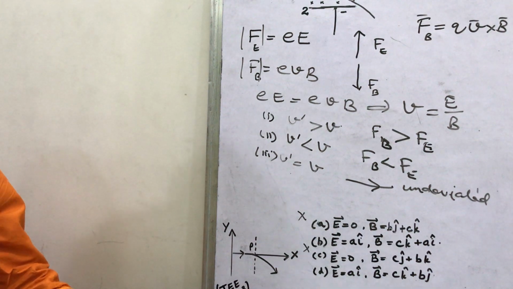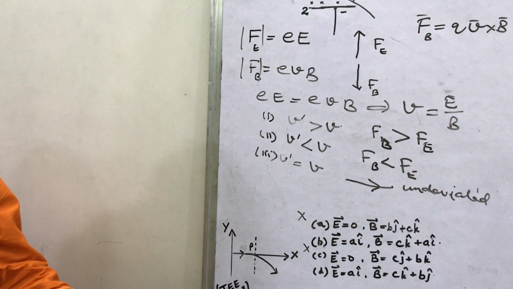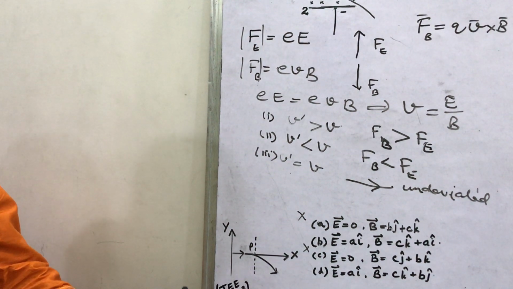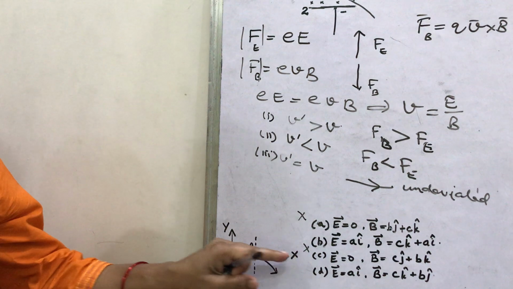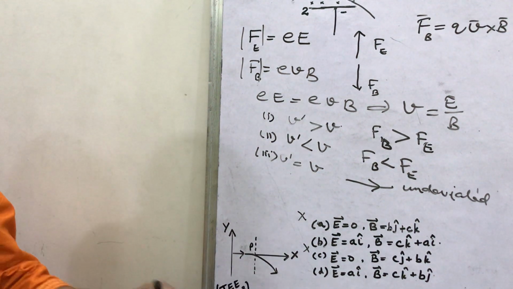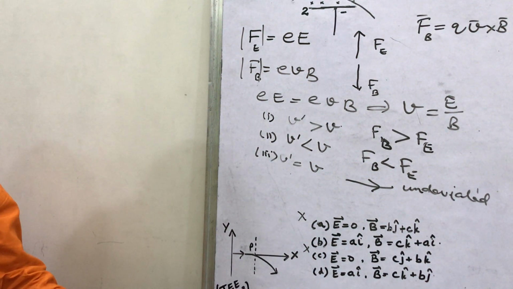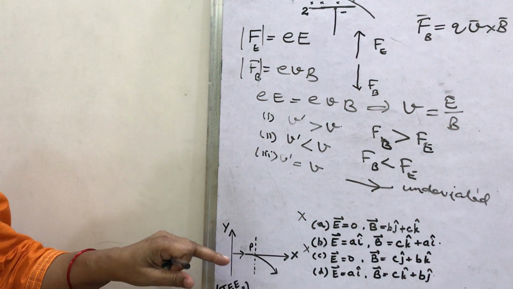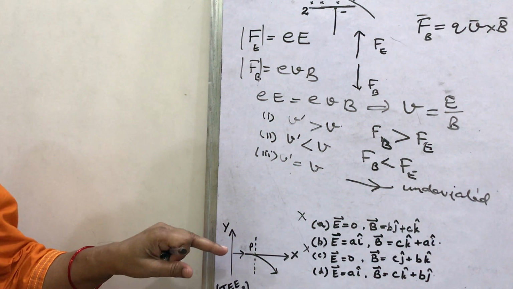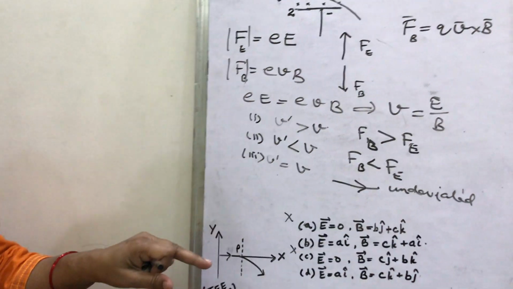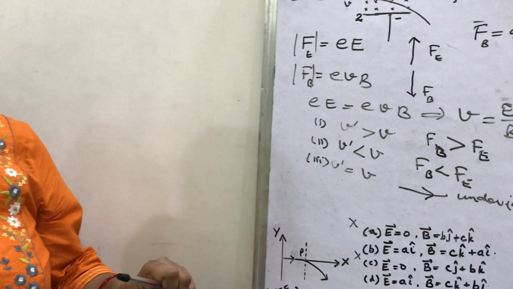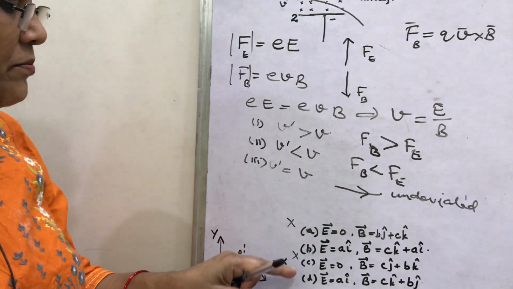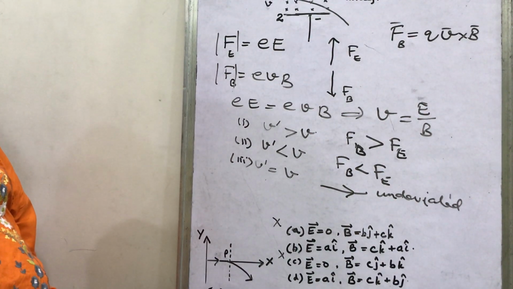Now since the electric field is along the x-axis, if the magnetic field is in the yz plane, the path of the particle will be helical, a helix, whose axis will be along the x-axis, and this line is important to select the option from B and D, which are remaining.